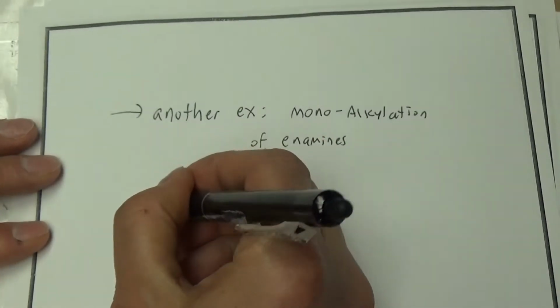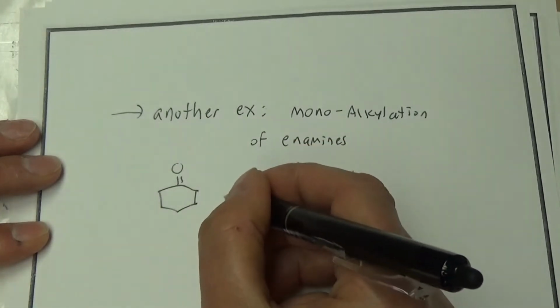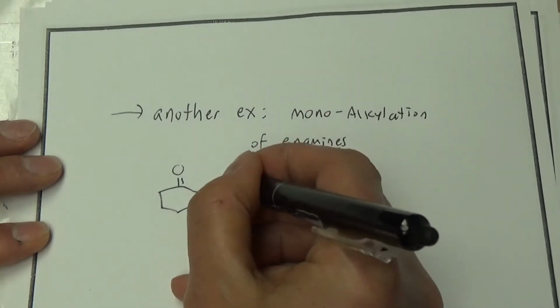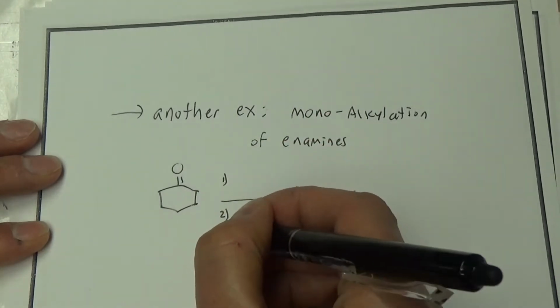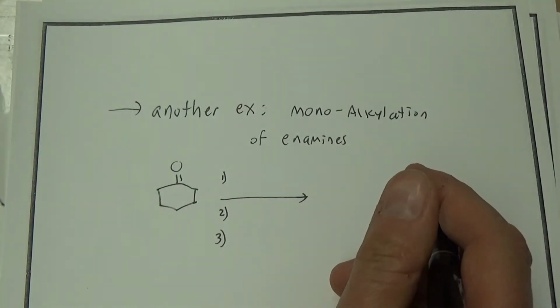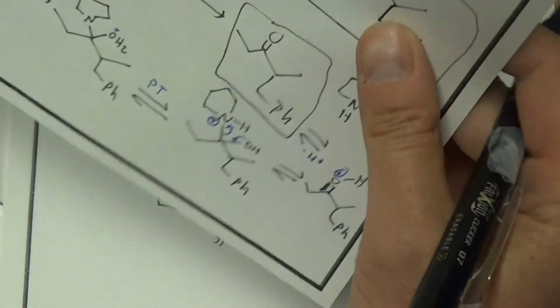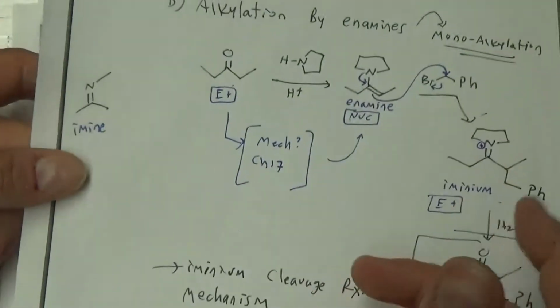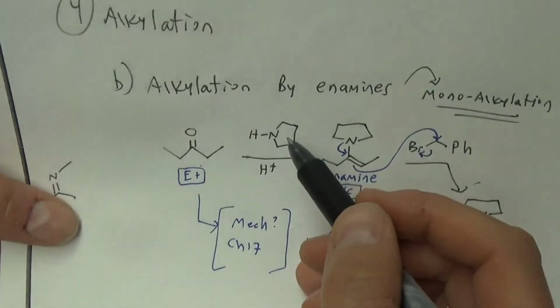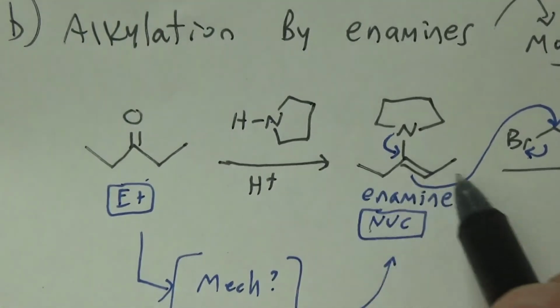Let's just try, I don't know, what do you think? So to make an enamine, let's go back to the last thing we were just talking about. What kind of amines react with ketones to make enamines?